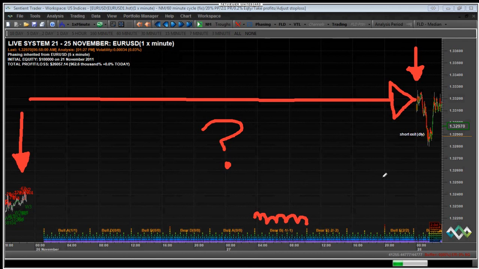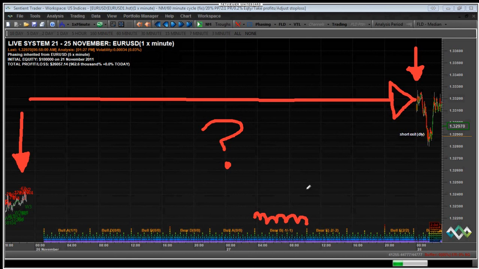But of course, half an hour into receiving new data on Monday, you cannot start trading the 1 hour cycle, because there simply is not enough data, because Sentient Trader cannot position those longer cycles. Remember, when you're trading the 1 hour cycle, Sentient Trader needs to know where at least the 2 longer cycles are.